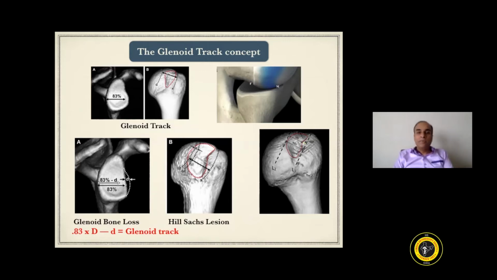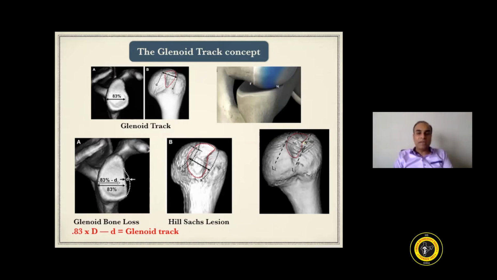Finally, on the medialmost side, there is a point marked by the line L2 on which the Hill-Sachs lesion ends. So HSI, or Hill-Sachs interval, is the distance between the medialmost end of your Hill-Sachs lesion and the lateral insertion of the rotator cuff on the humeral head. So it's essentially the Hill-Sachs plus the bony bridge put together, which forms the HSI.